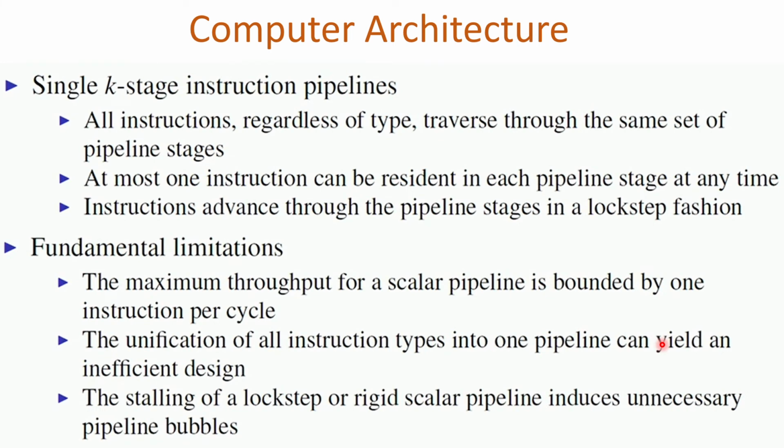We will see that the stalling of a lockstep or rigid scalar pipelining induces unnecessary pipeline bubbles. This is because suppose there is some set of instructions running in a pipelining, and sometimes there are some instructions which are independent of the other instructions in that program.